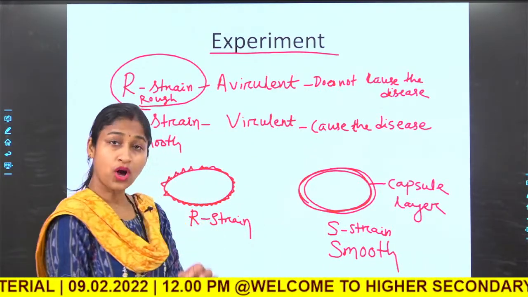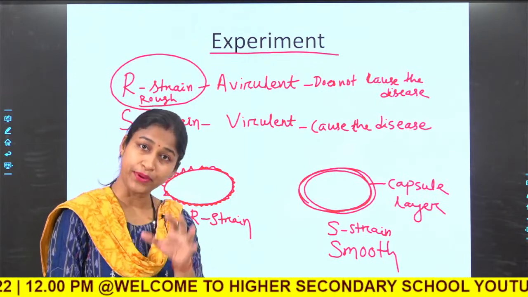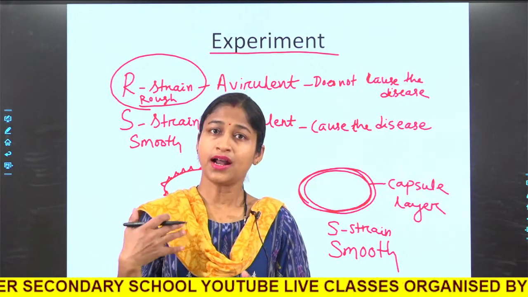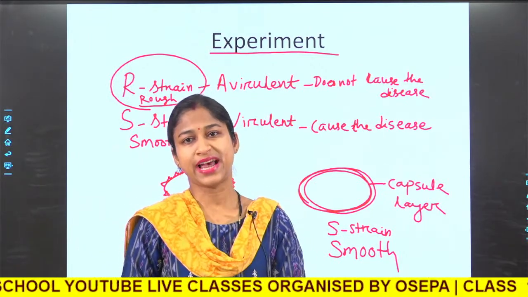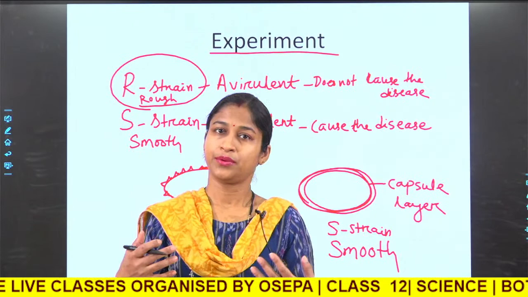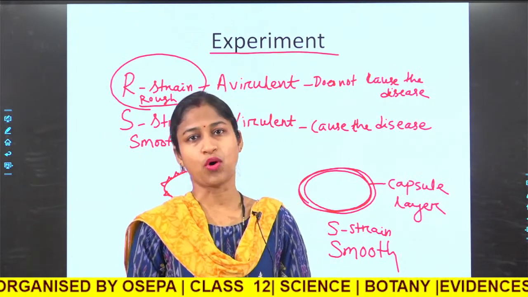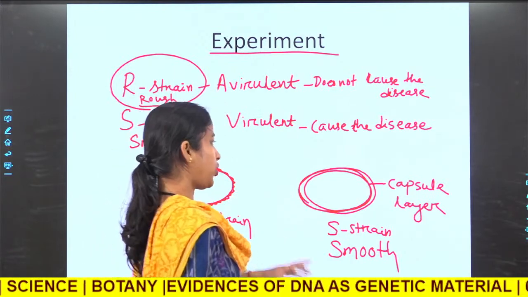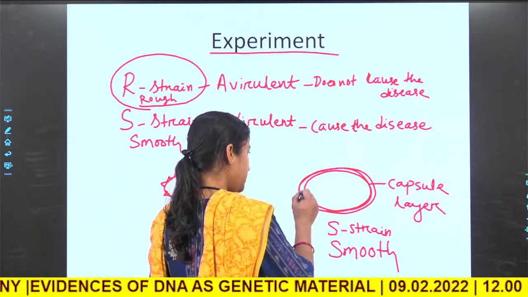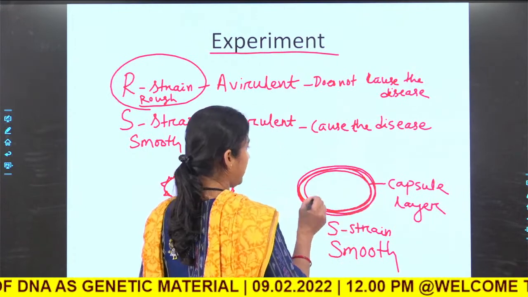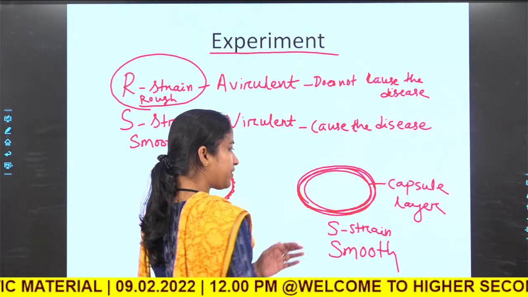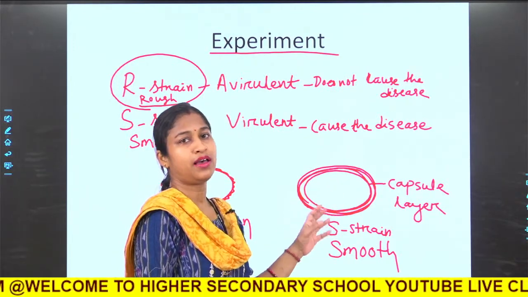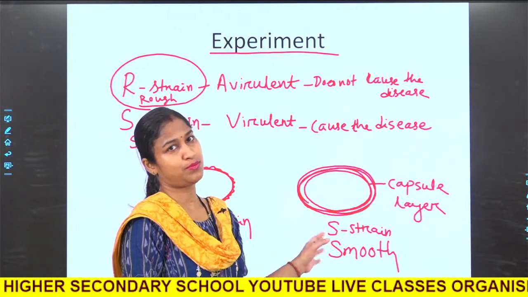It does not undergo any sort of enzymatic degradation because of the immunity response inside the mouse body. Because of this strong capsule layer, enzymatic degradation does not affect it, and it is capable of causing pneumonia in the host body.